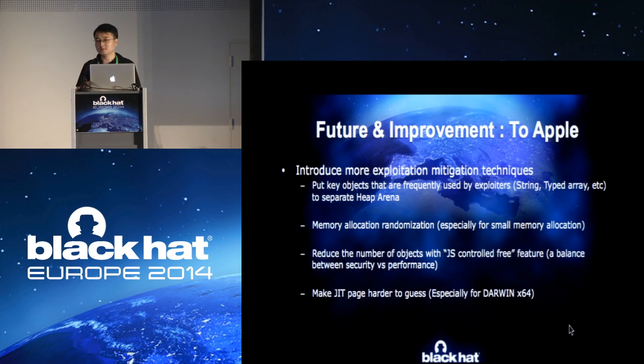If you allocate memory of a specific size, then the memory will be consecutive. Also, because I introduced the JS control free, those objects are quite good, but they may be a tool for the exploiter to craft the memory layout to achieve heap fengshui, which is really bad. So maybe we can reduce the number of objects with the JS control free feature. And of course, we need to make the JIT page harder to guess, especially for 64-bit.